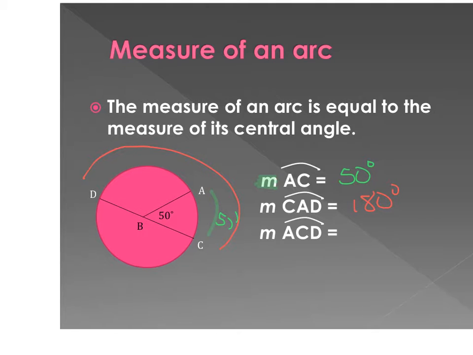So when I go from A to C to D, notice you're going to add the 50 plus the 180, and you get 230 degrees. So coming up in a future slide here, we're going to learn the arc addition postulate. Remember, we had the segment addition postulate and the angle addition postulate. So we're going to be seeing the arc addition postulate.